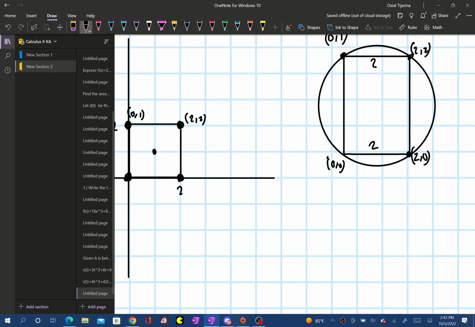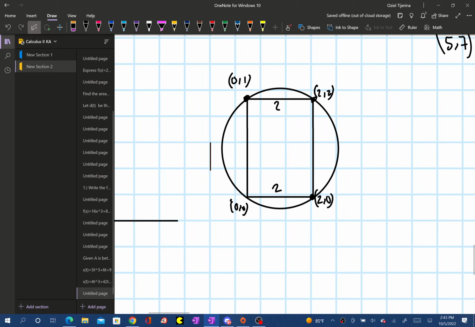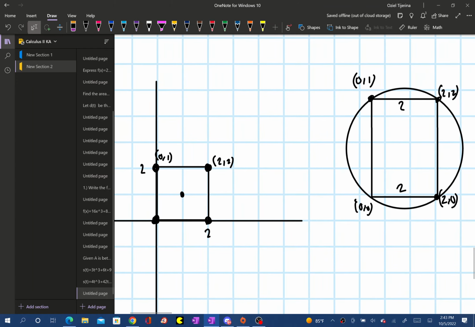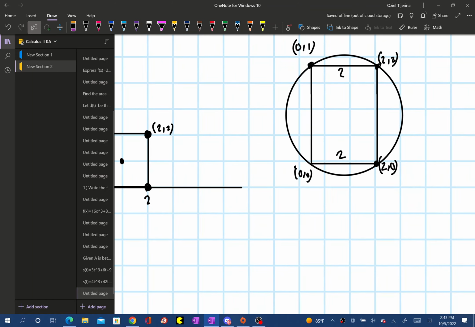It's asking us what is the equation of the circle. So if I want to find the radius or the midpoint of this circle, because if you think about it, from 0, 0 to 2, 0, that's the, but then again, give me a second. Oh my goodness, this is a difficult one.